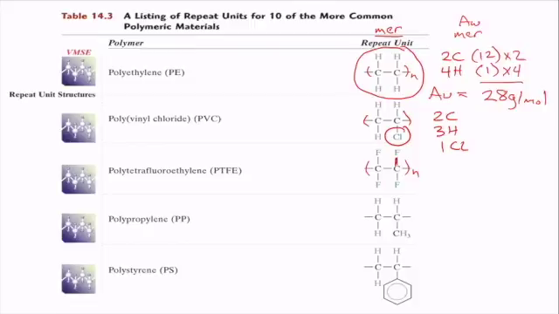The fluorine to carbon connection is so strong that nothing else really interacts with this polymer. Therefore, it's great for coatings on pots and pans in your kitchen to keep stuff from sticking, and great for vascular grafts to keep blood from attaching to the walls of the vessels. So this is a very inert material. Again, its atomic weight would be 2 carbons and 4 fluorines. We'd add those together.